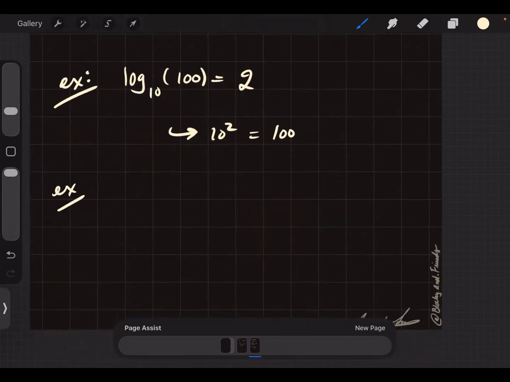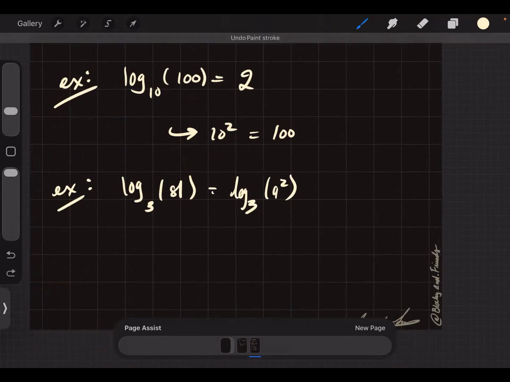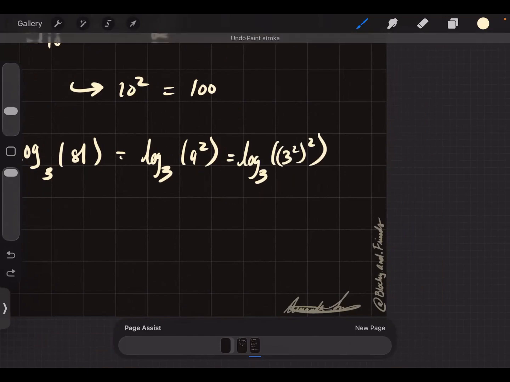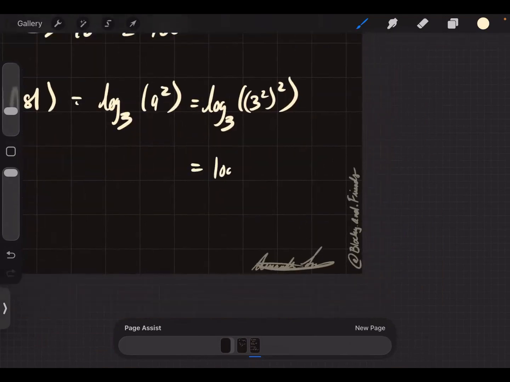Another example is log base 3 of 81, which we can write as log base 3 of 9 squared, right? Because 81 is 9 squared. But we know 9 is equal to 3 squared, so it'll be log base 3 of 3 to the fourth.